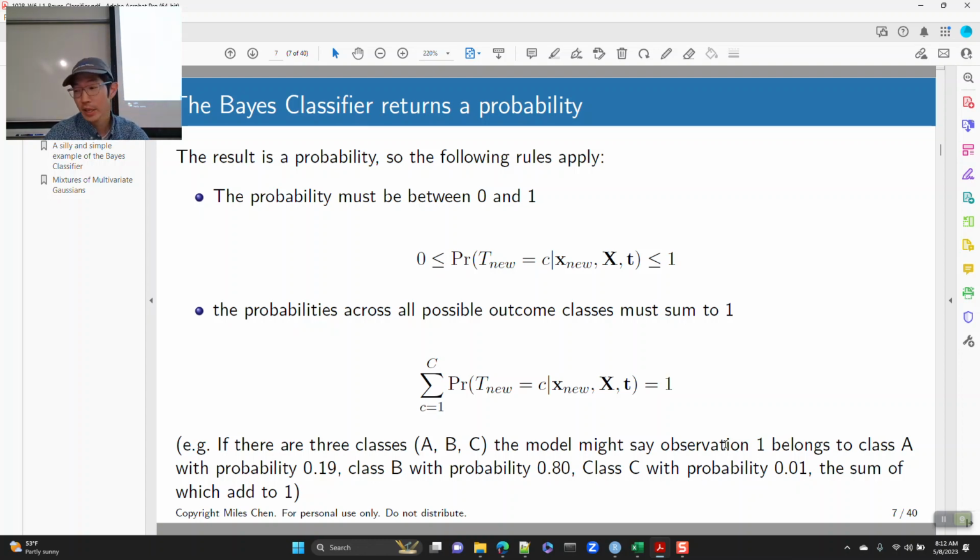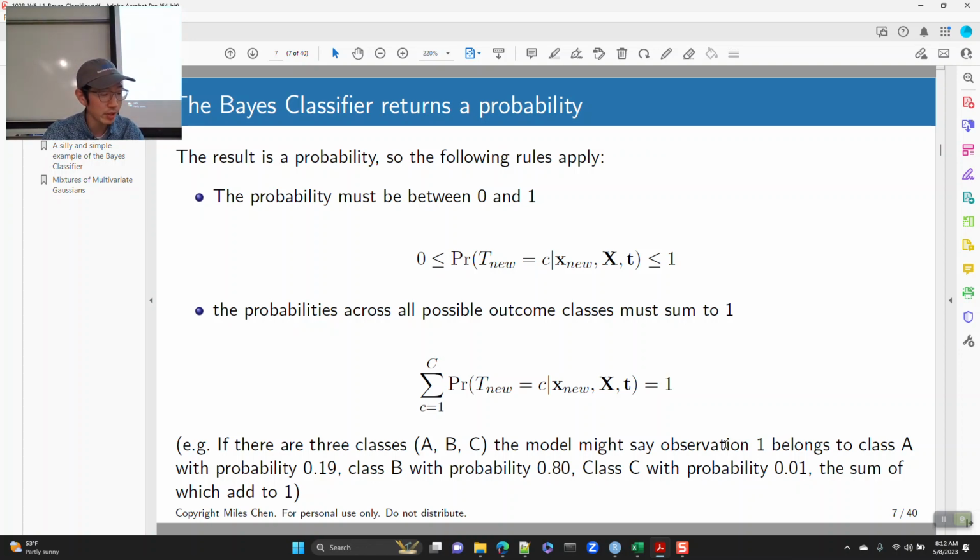So the resulting probability has to be some number between 0 and 1. Obviously, it's a probability. And then if we were to calculate this resulting probability for all of the different classes, so if we have class A, B, and C, all of the probabilities have to add up to 1.